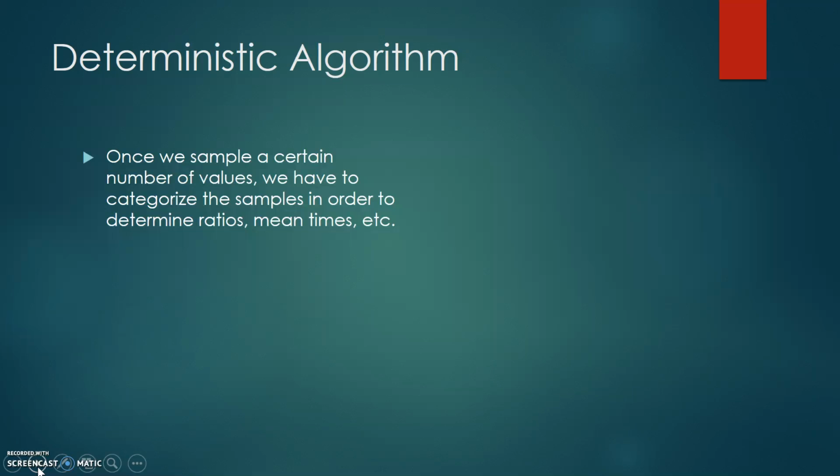So after we have sampled from the distribution, we need to determine a deterministic algorithm. Basically, this is how we divvy up the samples into a success or fail, within a certain range, within a certain area, approaching a certain number, that typical thing. Typically we would either plug this into an equation or express it as an inequality, greater than a certain value.